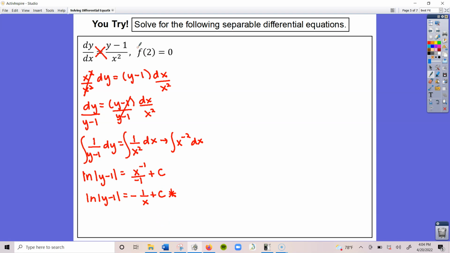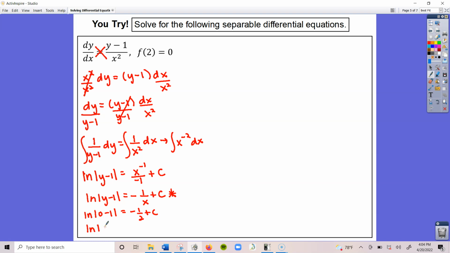I want to solve for c, so I'm going to plug in my initial condition. If I plug in 0 for y, I get the ln of 0 minus 1 is equal to, and now I'm going to plug in the 2, negative 1 over 2 plus c. 0 minus 1 is negative 1, and the absolute value of negative 1 is 1.